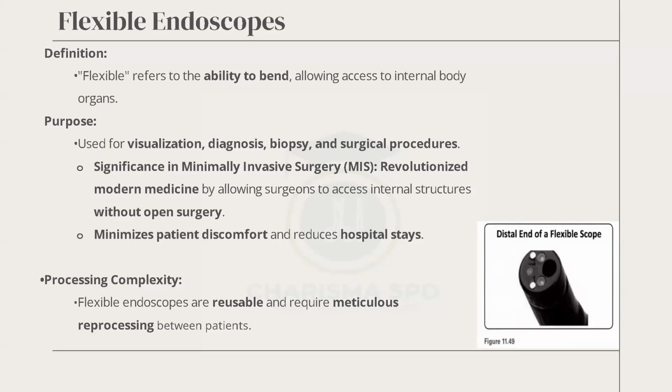Okay, it's only a bit complex dealing with this instrument. You see the tip in the picture, the distal end of a flexible endoscope. The three or four dots are the eyes, the cameras or lenses that provide the visuals they see on the monitor.